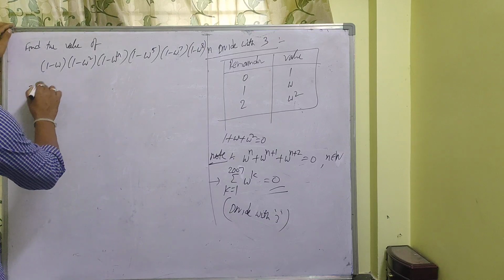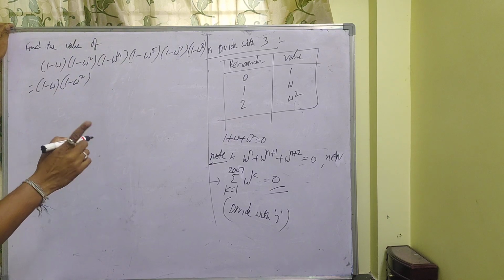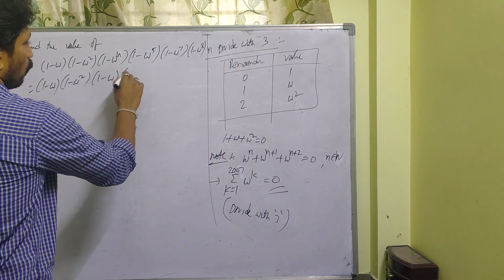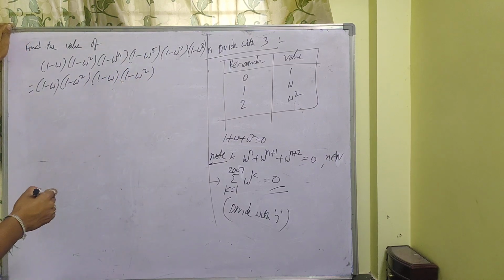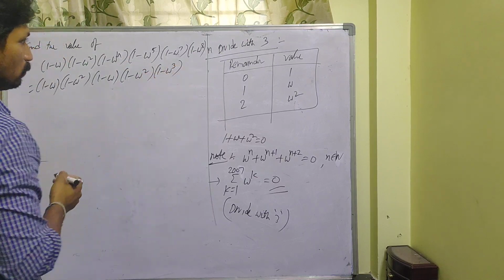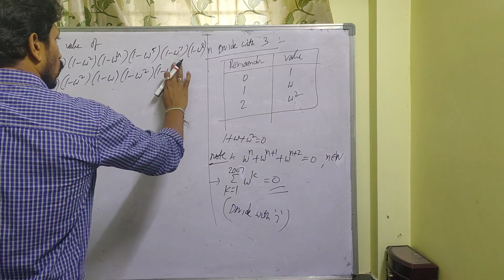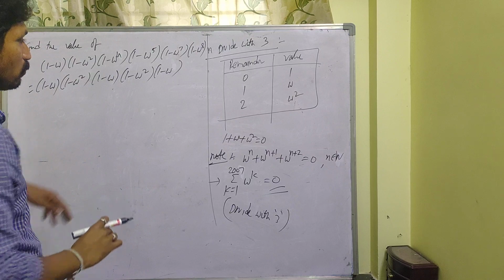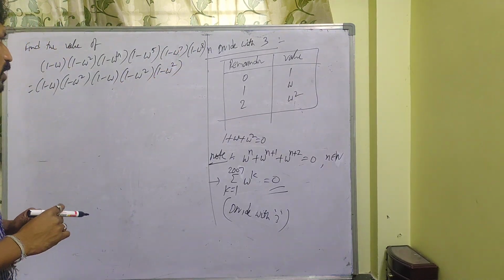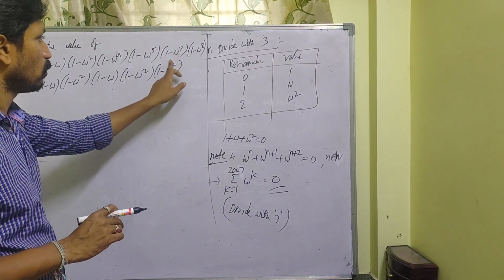So what you have, this is 1 minus omega only, 1 minus omega square also, 1 minus omega power 4, whose value is omega. Okay, 1 minus omega power 5, that is 1 minus omega square, and 1 minus omega power 7, that is 1 minus omega, since when omega power 7 is divided by 3 the remainder is 1.